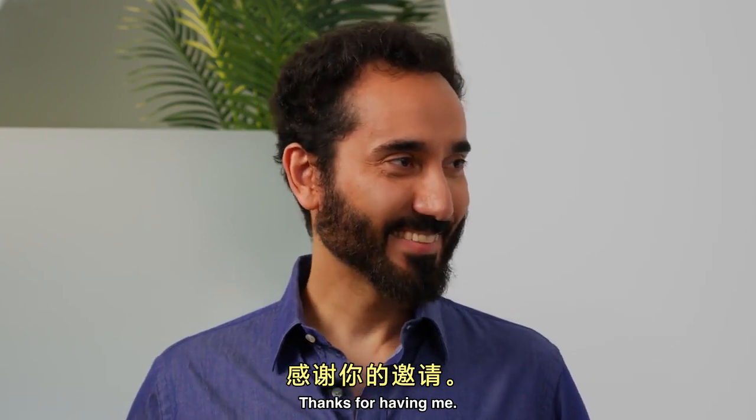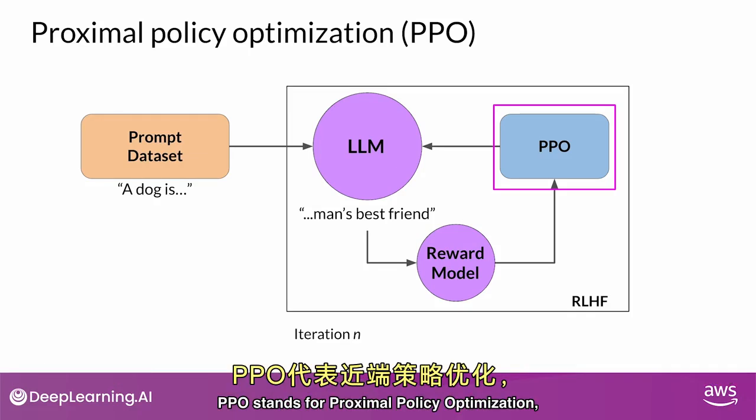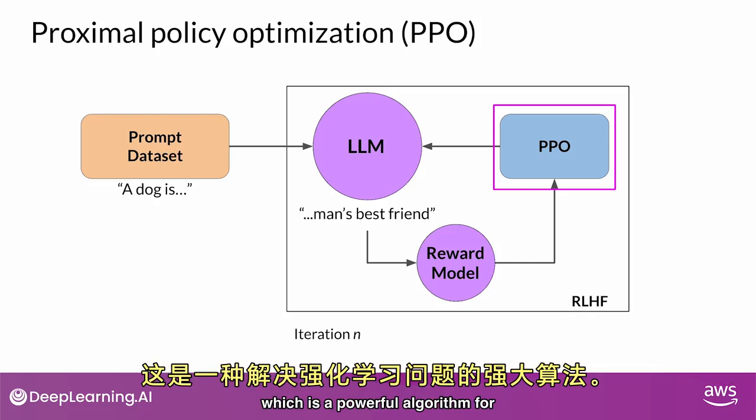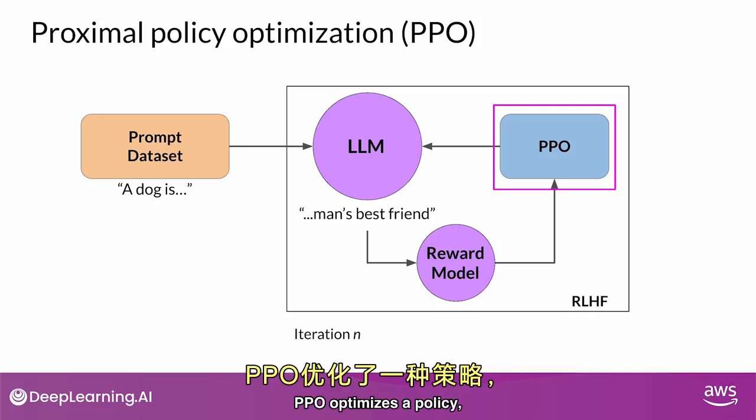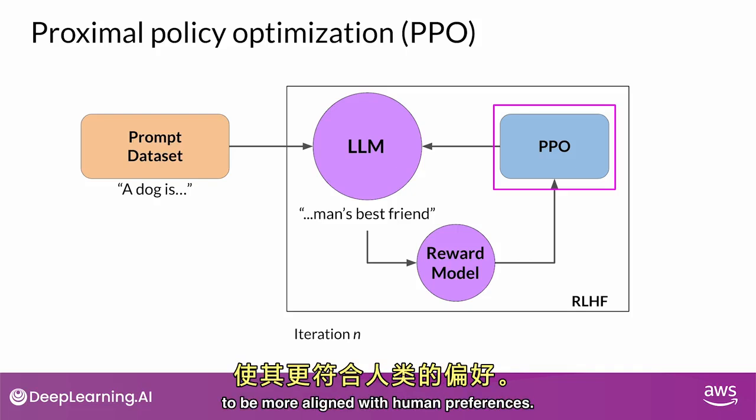Thanks for having me. So, what does PPO stand for, and what do those terms mean in the context of reinforcement learning? PPO stands for Proximal Policy Optimization, which is a powerful algorithm for solving reinforcement learning problems. As the name suggests, PPO optimizes a policy, in this case the LLM, to be more aligned with human preferences.